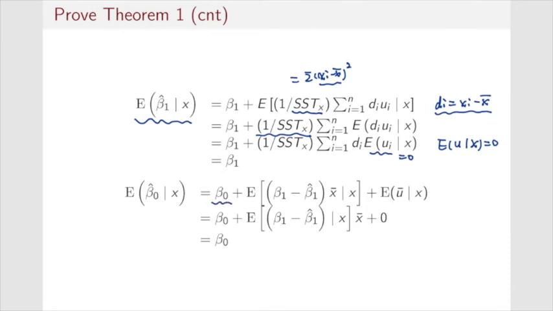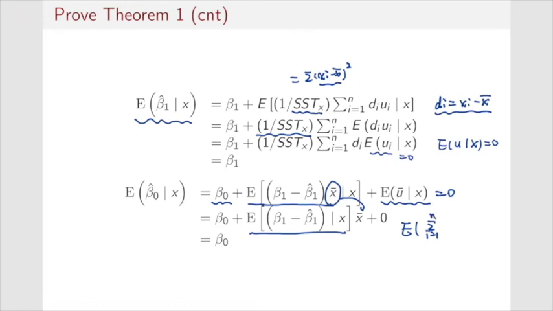Similarly, for beta 0 hat, beta 0 is a fixed number, so its expectation is itself. Here, this term, x bar, can be taken outside of the expectation operation. The expectation of u bar conditional on x is also equal to 0.